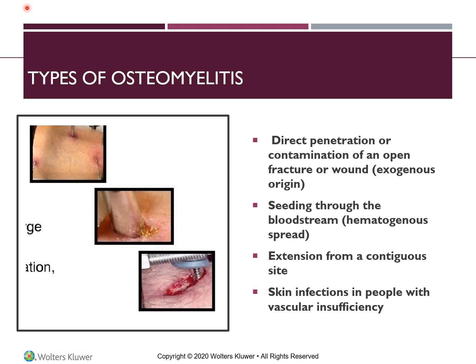What we see is bacteria being introduced directly into the bone by some kind of penetrating wound, or through an open fracture, or from some type of surgery where we get seeding of bacteria in a surgical procedure, usually through the skin. So this can be caused by pin tract infection and skeletal traction.